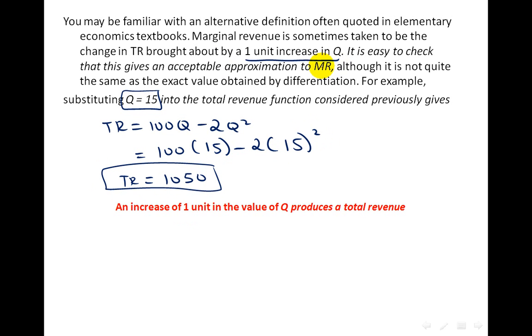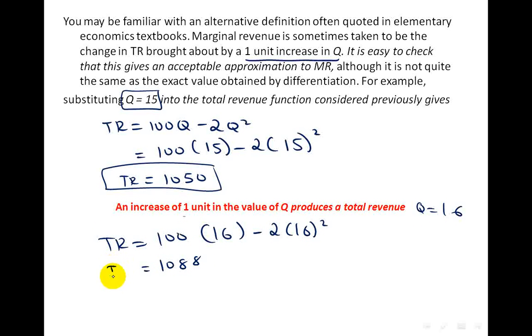It's a 1 unit increase, so an increase of 1 unit in the value of Q produces a total revenue for the Q will be increased by 1 unit. That means here Q will be 16. So instead of the Q, I'll plug in 16. So once you evaluate this using your calculator, you'll find 1088. So what's the marginal revenue? What's the difference between these two?